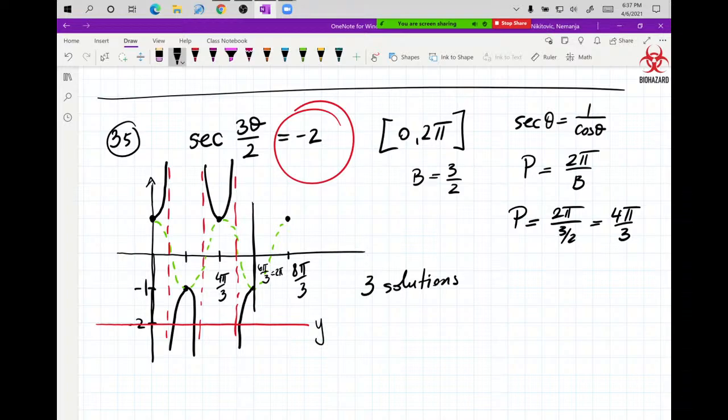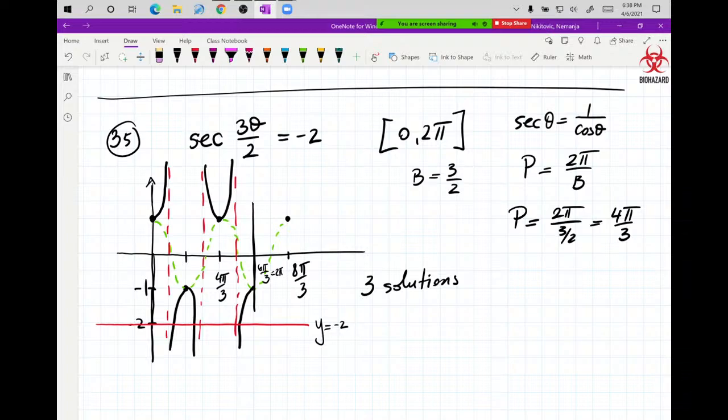Again, this line is y equals -2, which is the right hand side of your equation, and the black line is the secant graph, which is the left side of your equation. Okay, looking for 3 solutions. That's good.